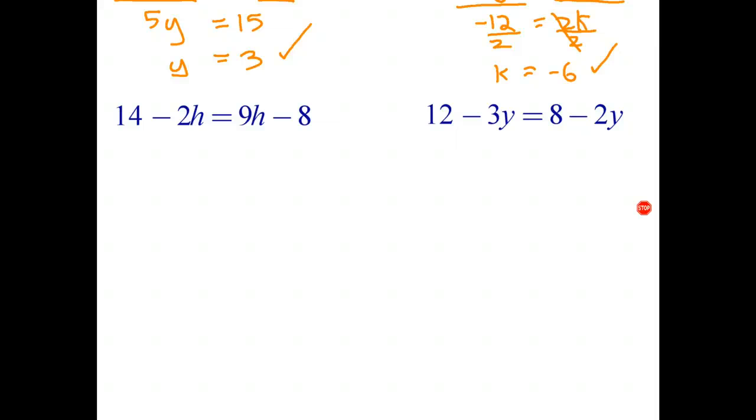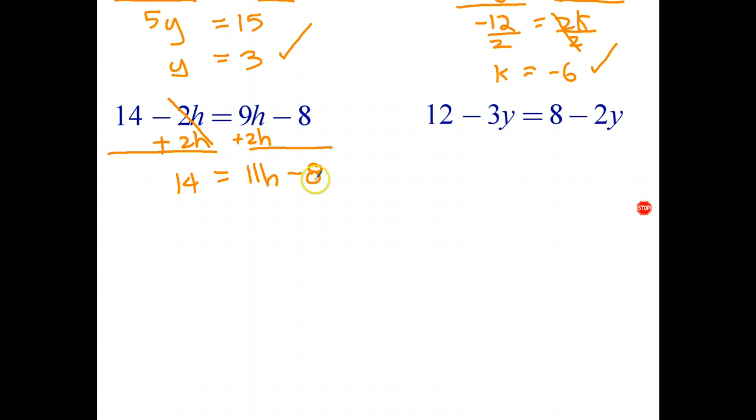Okay, welcome back, students. Well, with the first one, we've got a 9h on the right, subtract 2h on the left. So the best thing to do is to add 2h to both sides. Minus 2h plus 2h disappears. 9h plus 2h is 11h.